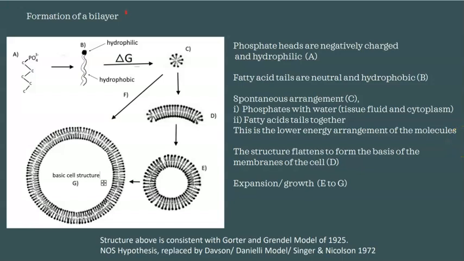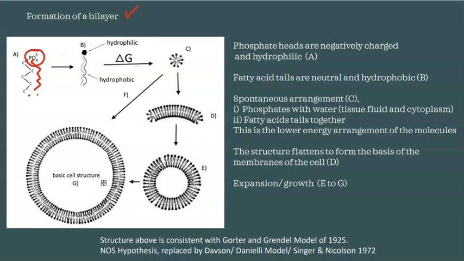So let's look at our lipid bilayer. As I previously mentioned, at one end of the phospholipid we have the phosphate group, and then at the other end we have this fatty acid chain. I've just drawn one here for clarity, but in fact there would be two, so two fatty acid tails there.